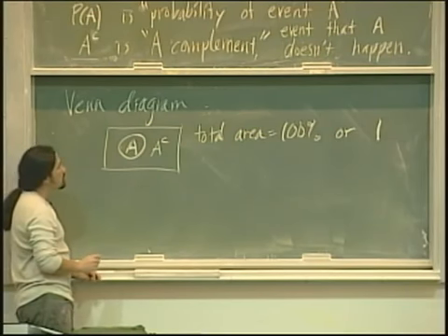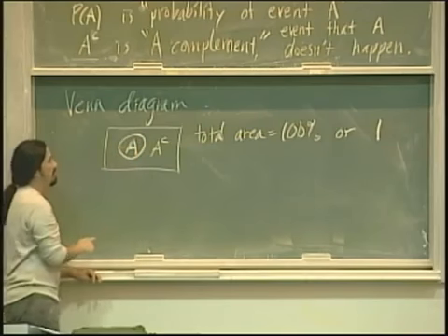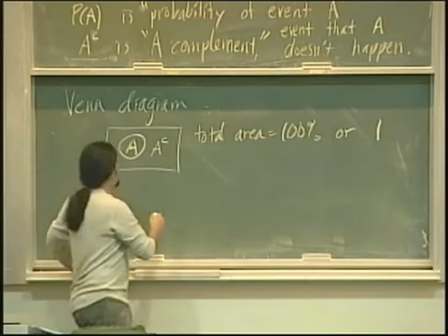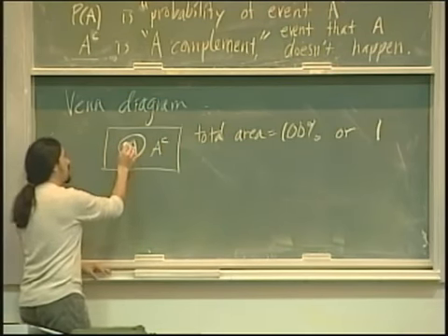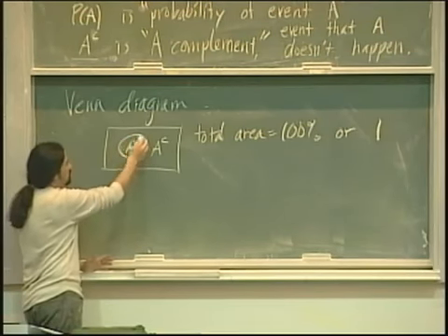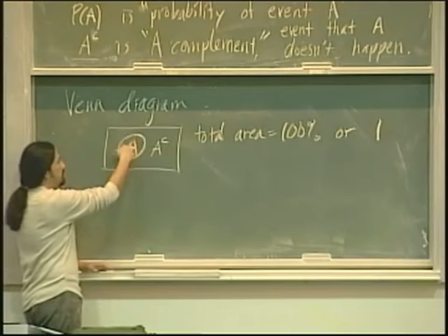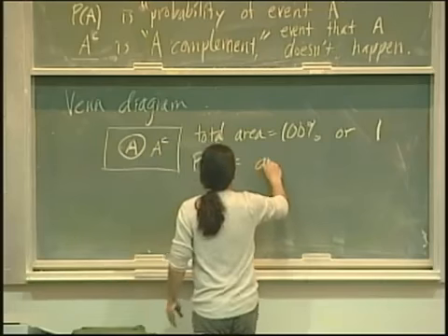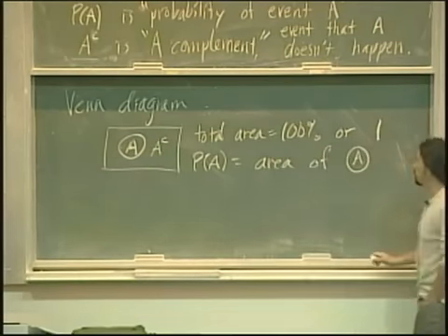So you can think of the chance or the probability of A as being like the area of that circle. The total area is 1. So my chance of getting in this circle is the area of the circle divided by the total area. But since the total area is 1, I can just think of it as the actual area here. So probability of A equals area of that circle.